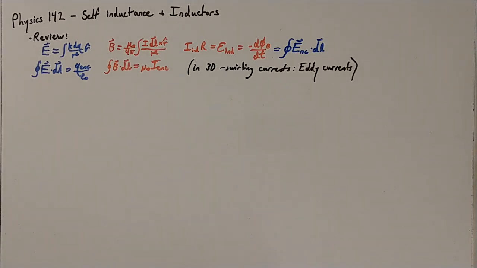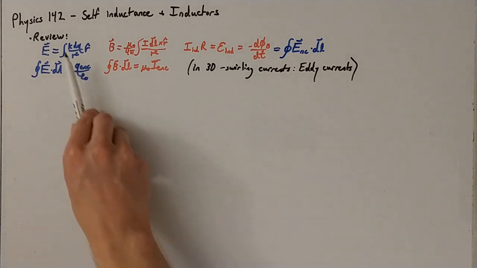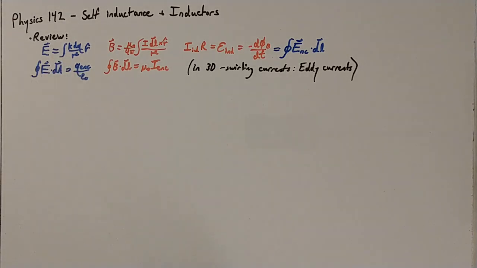Now, another cool thing that we realized in the last few videos is that while we can make electric fields with charges, it turns out there's actually another way to make electric fields, or we could say another way of making current.